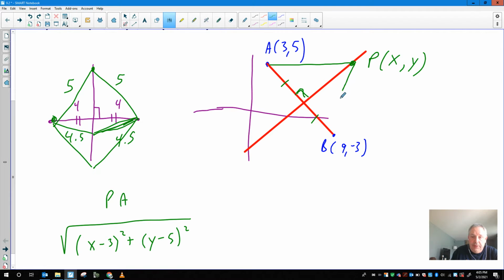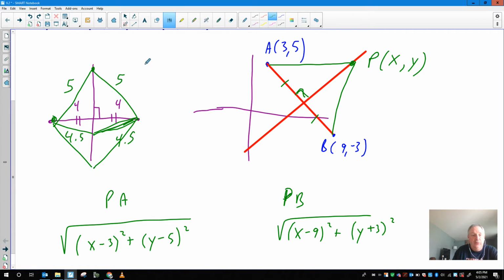The distance from P to B is the square root of the quantity x minus 9 squared plus the quantity y minus negative 3, which is plus 3, squared. And as we said, those two distances are going to be equal.